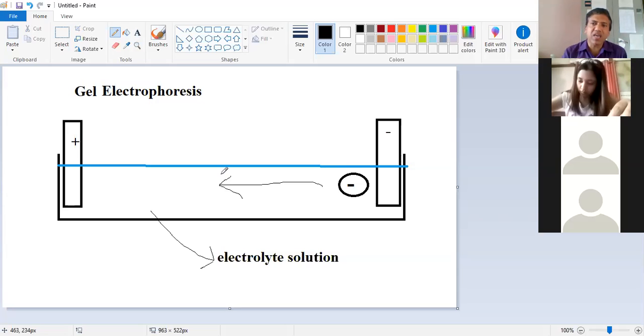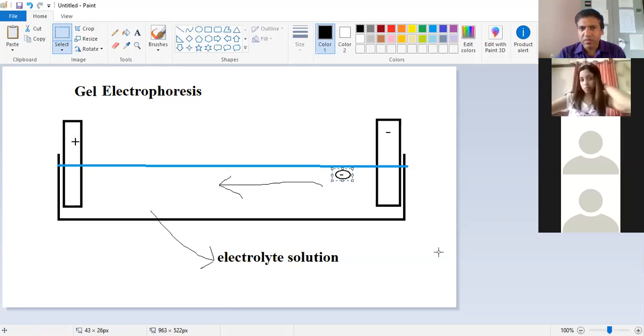If you just put anions over there, with many anions of different sizes, they will all just move in this direction, and you will not be able to separate them.